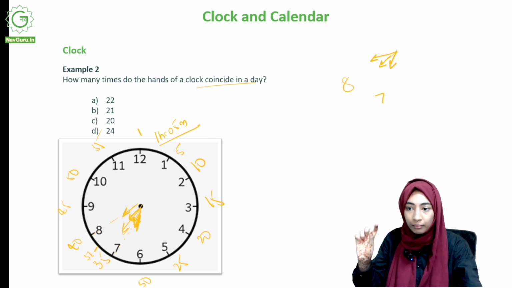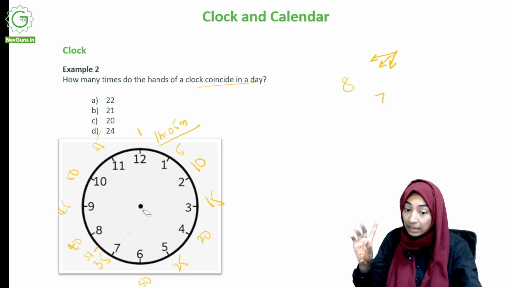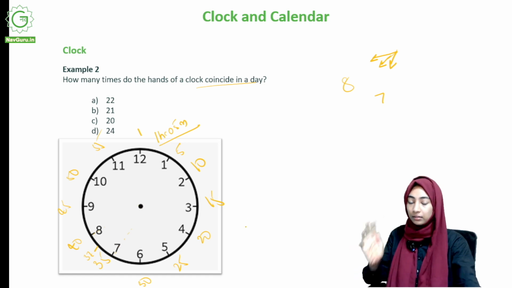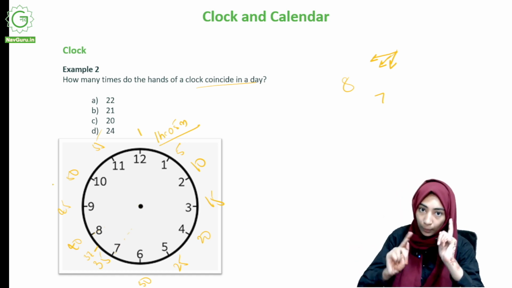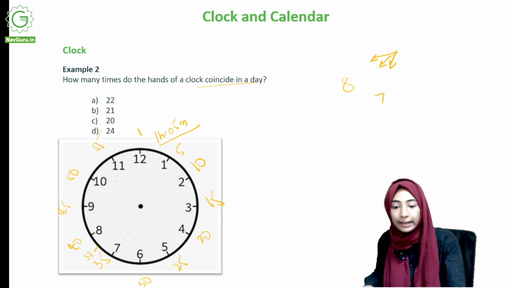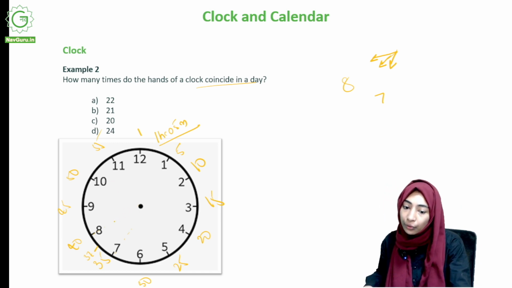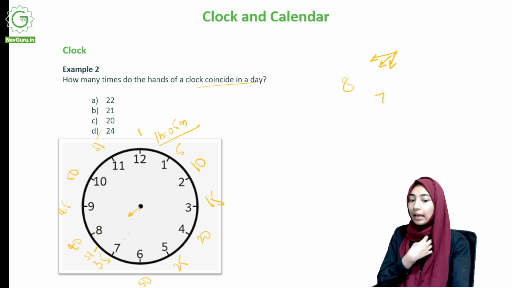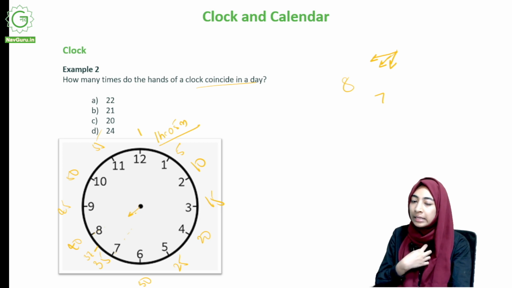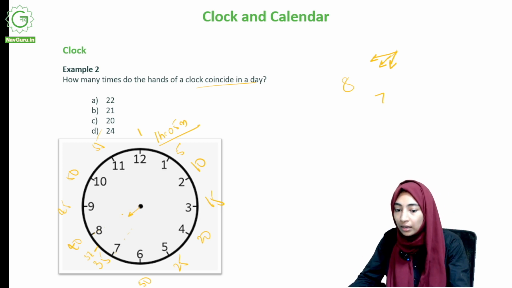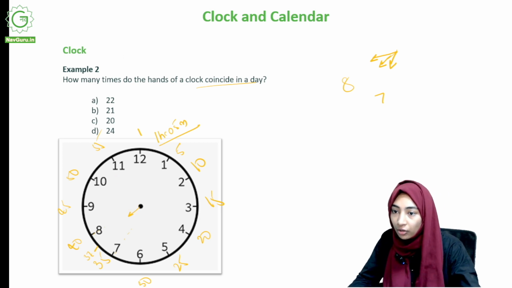So coinciding every hour works, but I'll tell you where the catch comes. Before that, similarly, if you take 8, how do you get it to coincide? It has to be somewhere around 8:43 or 45.